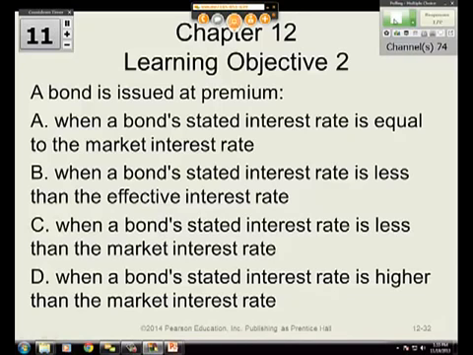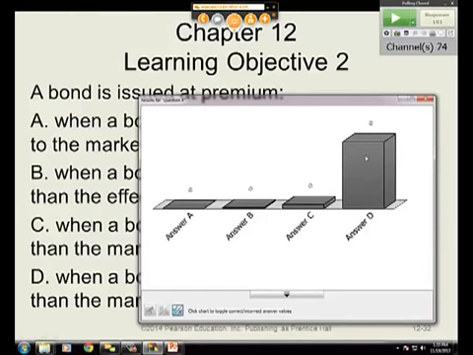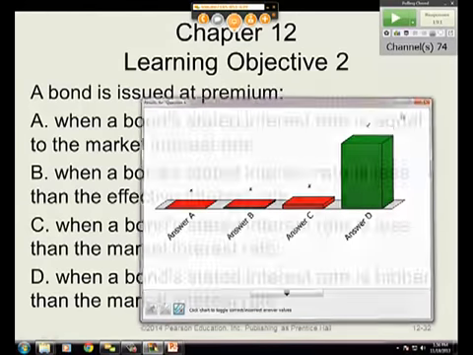Now remember, the stated rate is the face rate or the coupon rate, all the same. Okay, very good. That's easy. Yep, stated rate is higher than the market, that's the premium case.